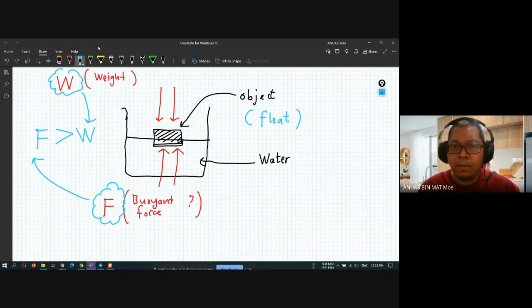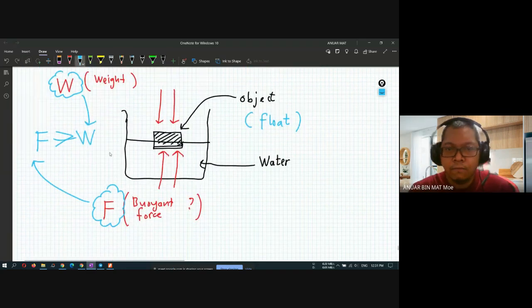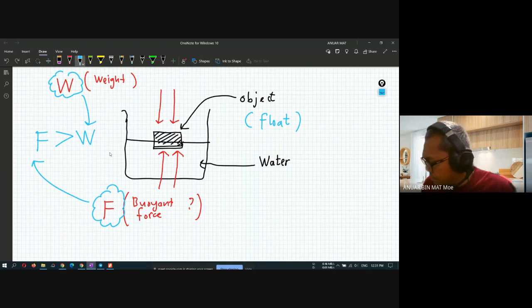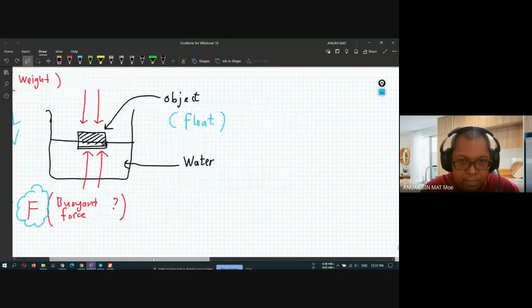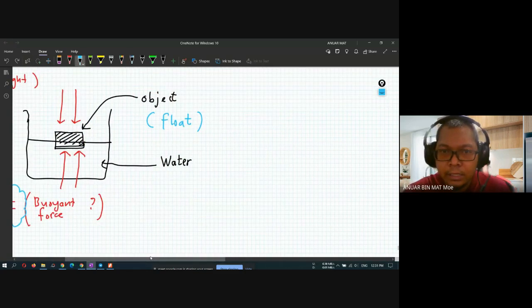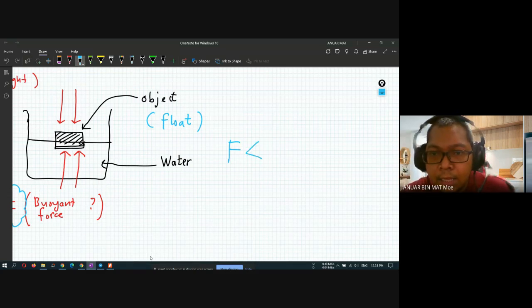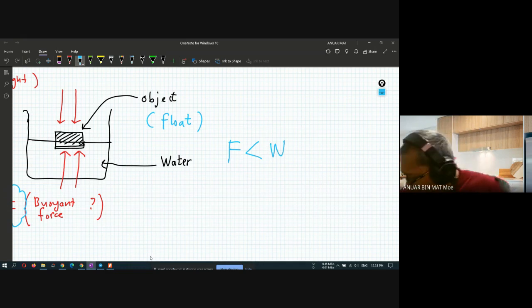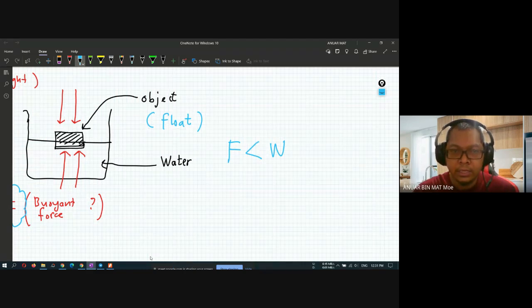Another one, if the buoyant force is less than the weight, the object will sink.